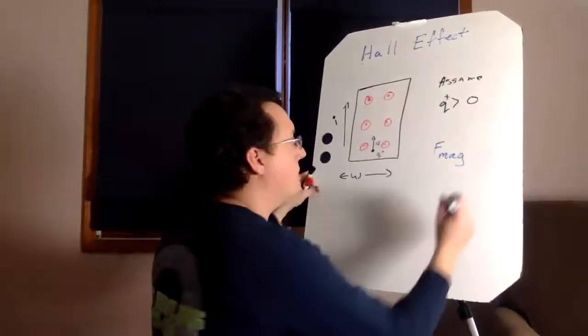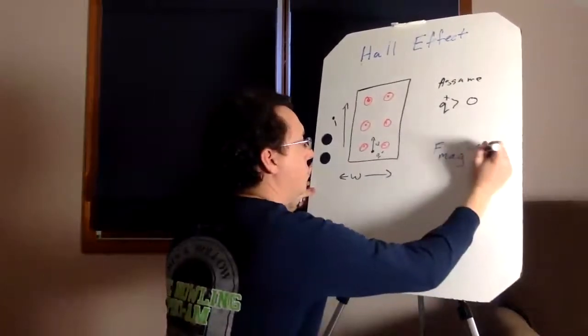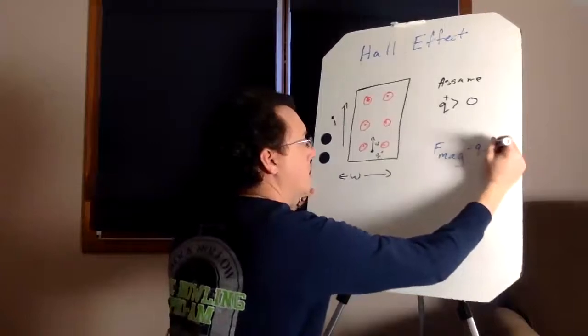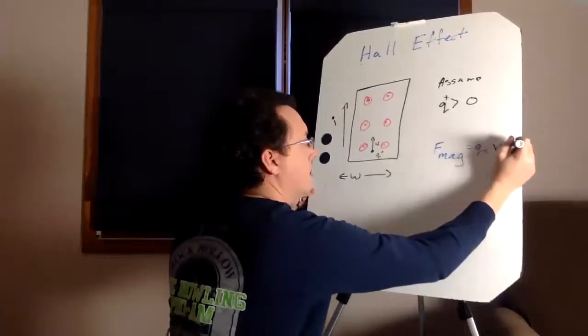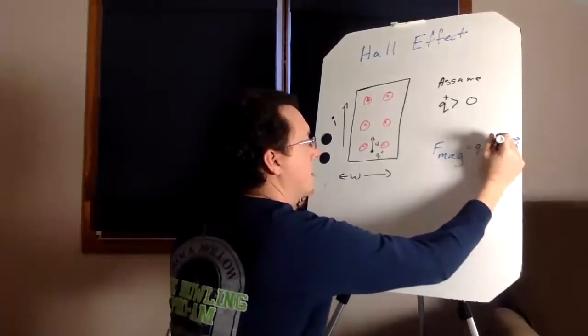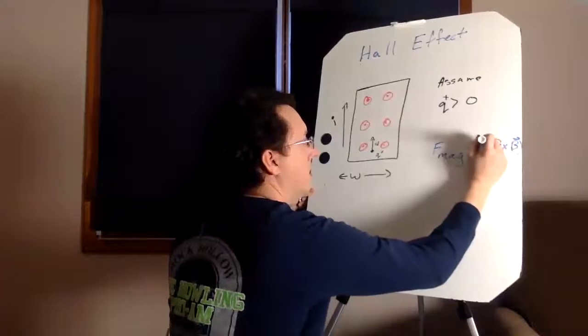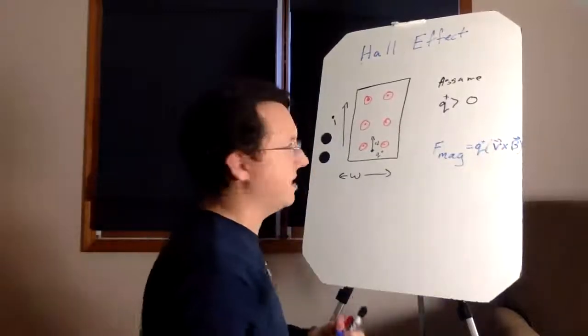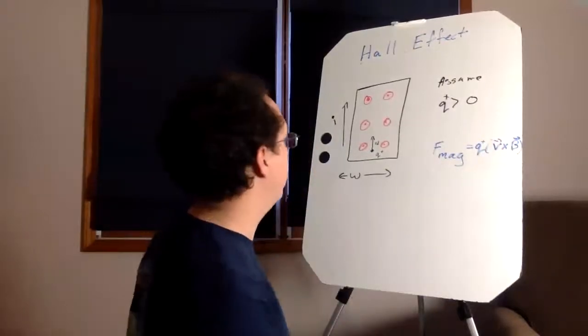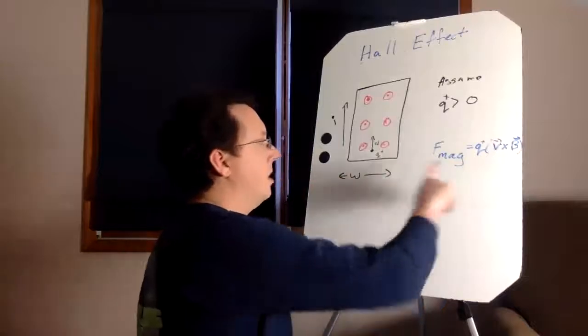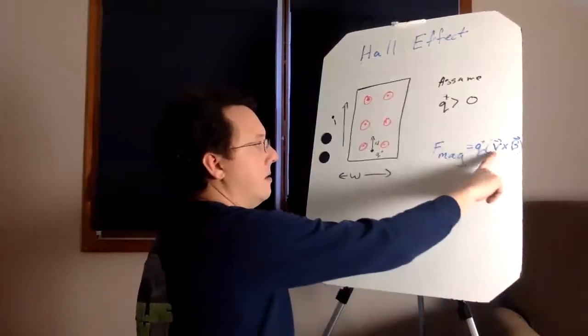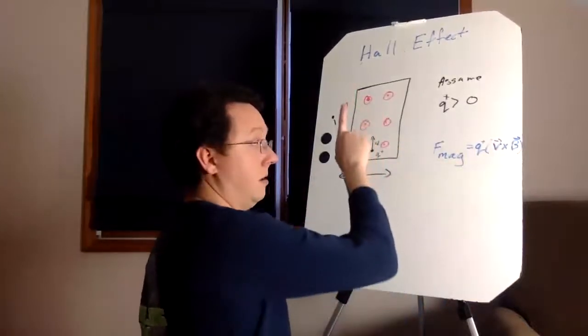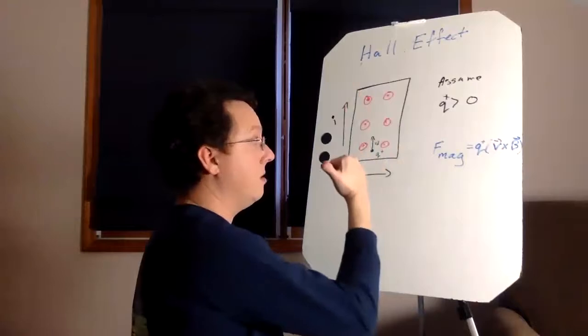Okay, the magnetic force is going to be Q times V cross B. And this is a positive charge, so I'll put a little plus there just so I remember what I'm doing. Okay, Q is positive, the velocity is up, and the magnetic field is into your eye.